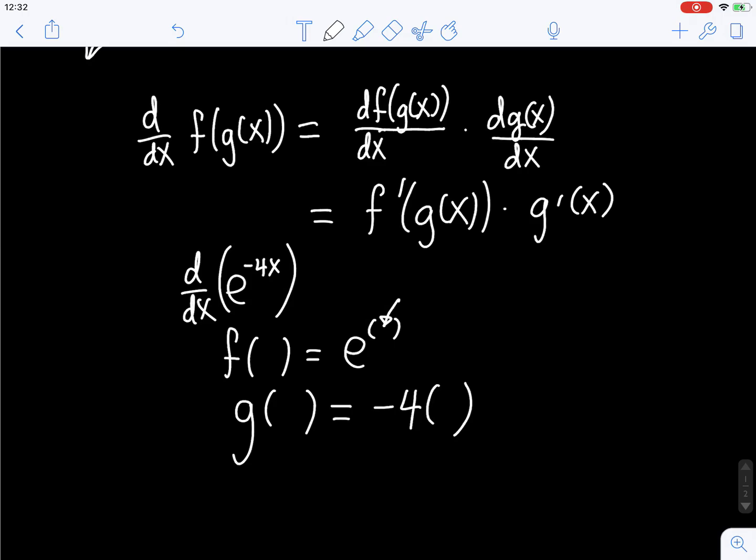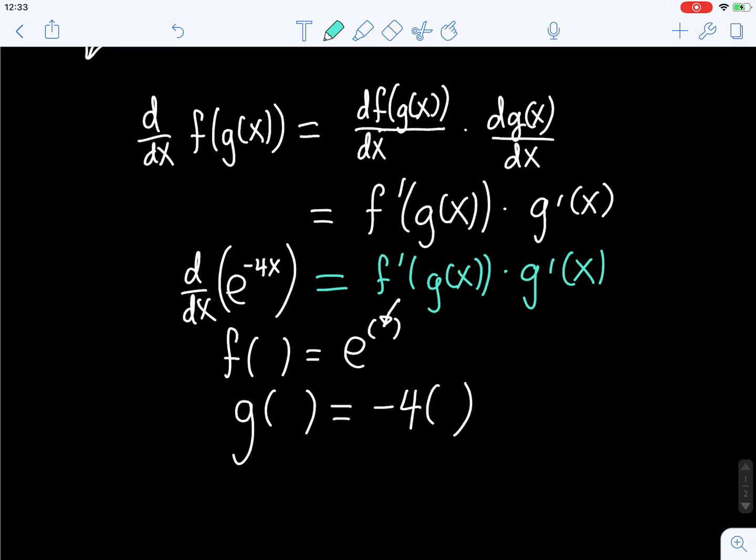So using chain rule, let me use a different color, this being equal to f prime of g of x multiplied by g prime of x. And note that the derivative of e is just e.